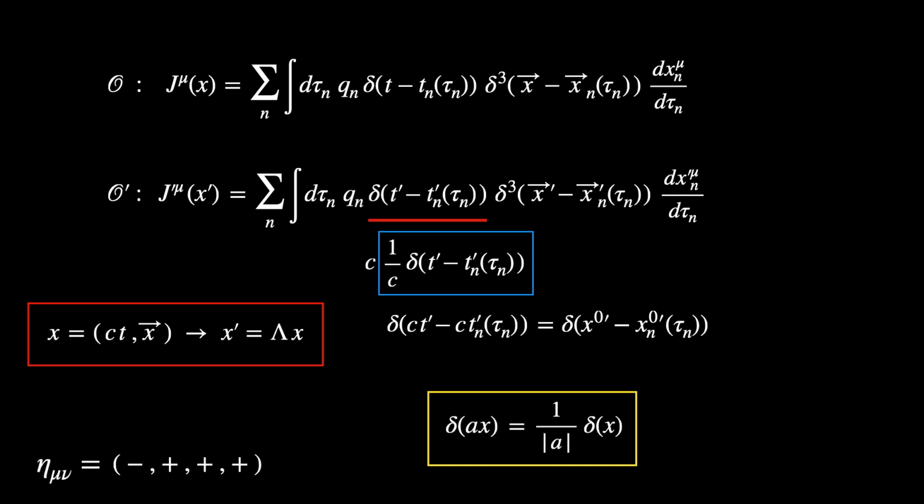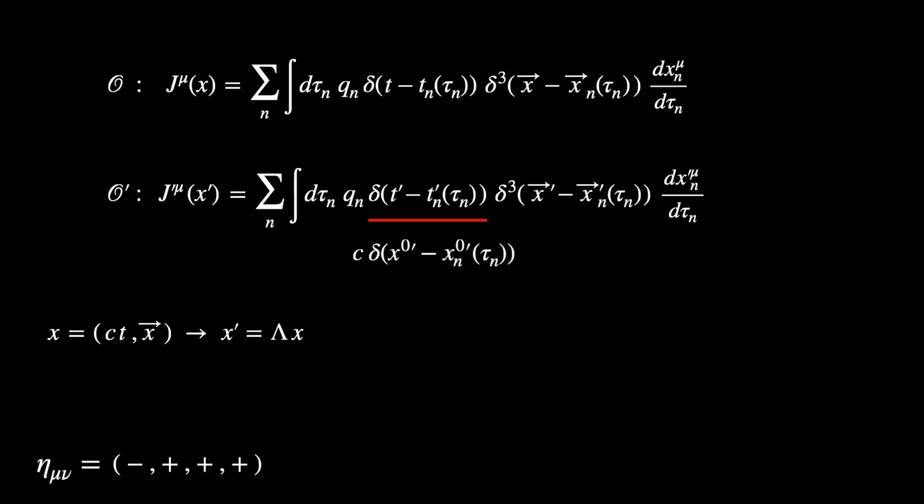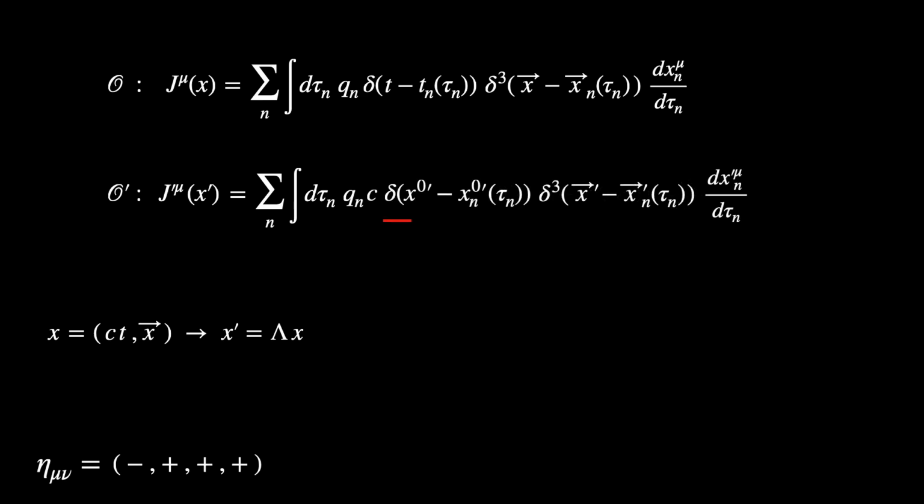The reason we do this is due to the simple way Lorentz transformation works for this set of coordinates. These two delta functions then form a four-dimensional delta function.